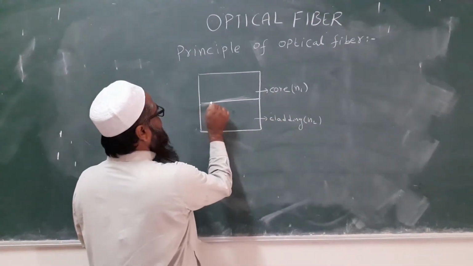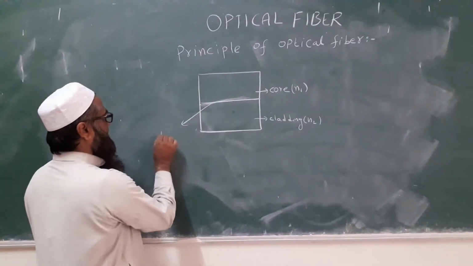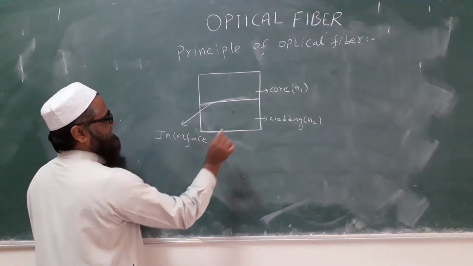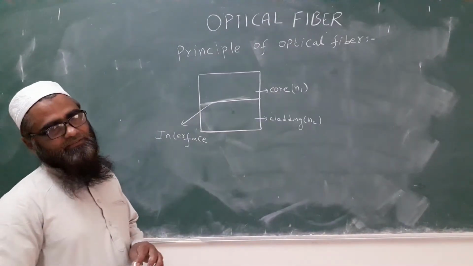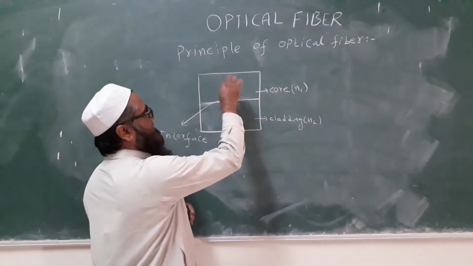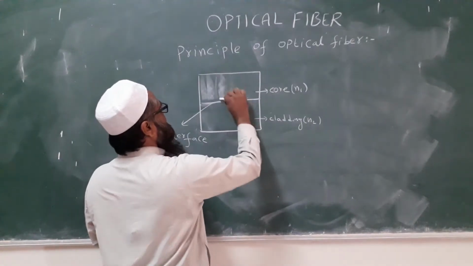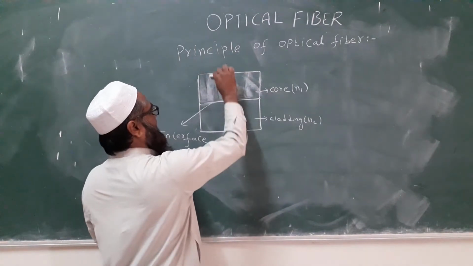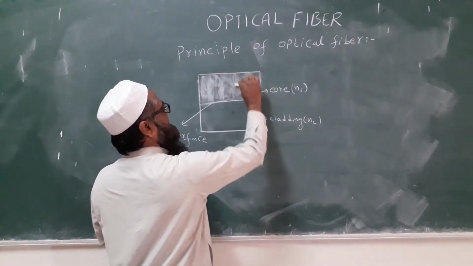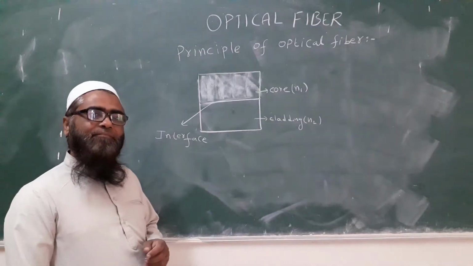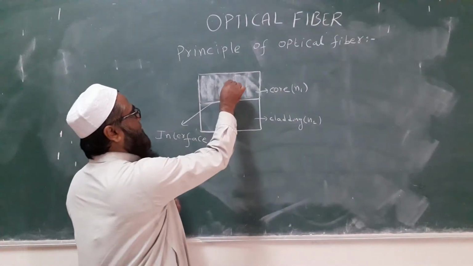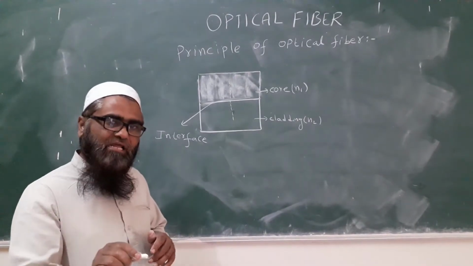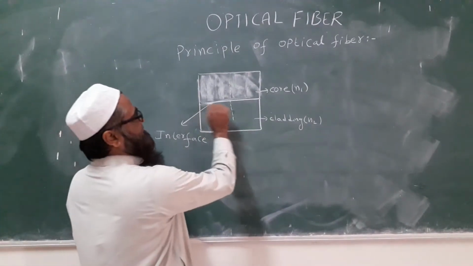This is the interface between the two media. The upper one is the denser medium and the bottom one is the rarer medium. Let us have a normal, which means a line perpendicular to the interface.